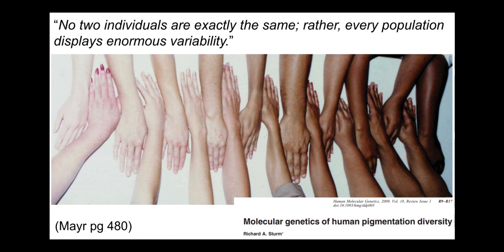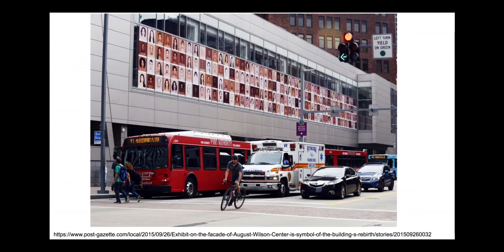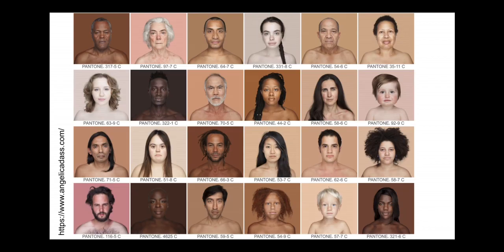Throughout these genetic examples, I'll be using human skin pigmentation as an example of this. This is a trait that varies tremendously between individuals, it varies within populations, and it varies across populations. There's an interesting example of this. It was an art project, I believe it's still standing in Pittsburgh downtown at the August Wilson Center, by an artist who has done installations around the world.